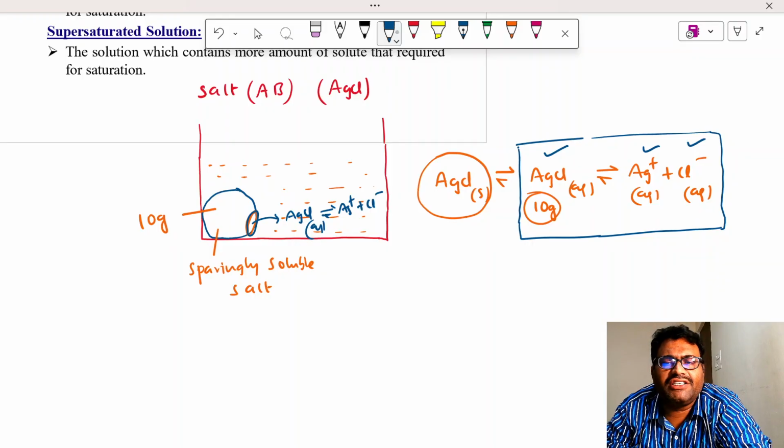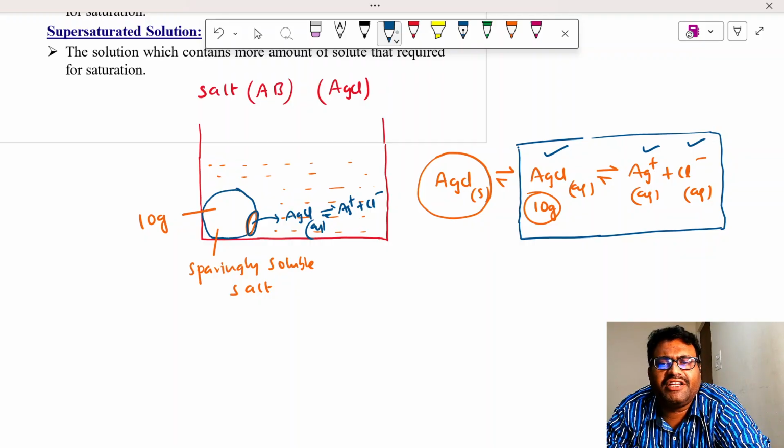This dissolved AgCl is in equilibrium with Ag plus and Cl minus, because it is a sparingly soluble salt, very less soluble. So we find that there is an equilibrium existing between dissociated ions and undissociated.